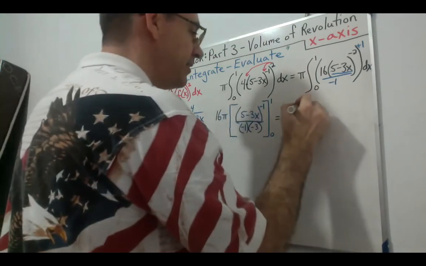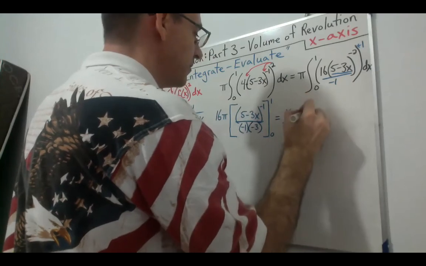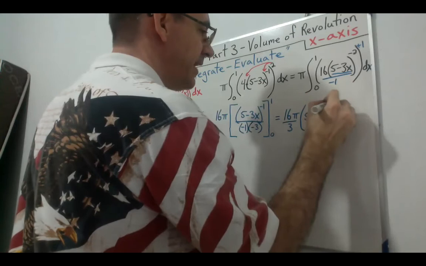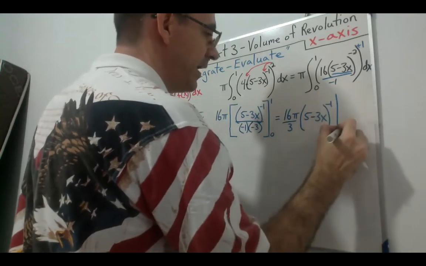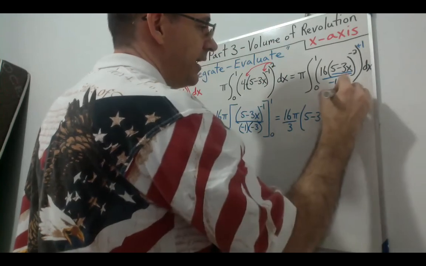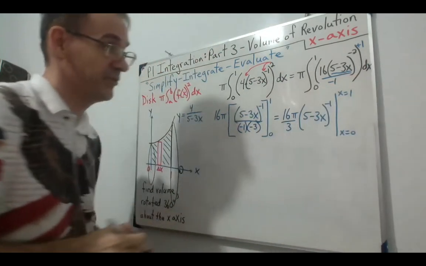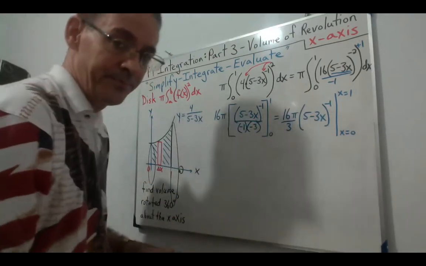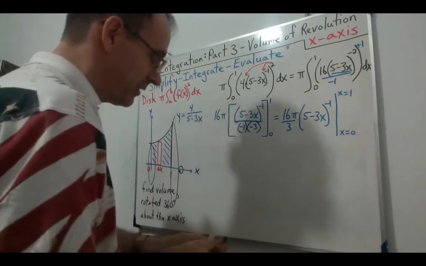So what we have here is this 5 minus 3x to the -1, and we're going to evaluate it from x equals 0 to x equals 1, from 0 to 1. Okay, so I just cleaned it up a little bit so we can focus on the necessary part.